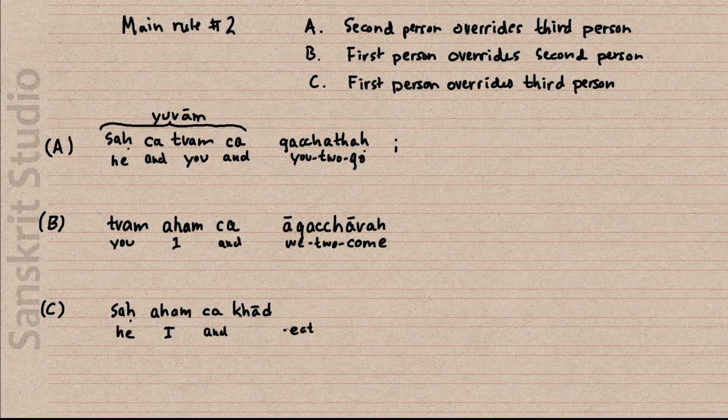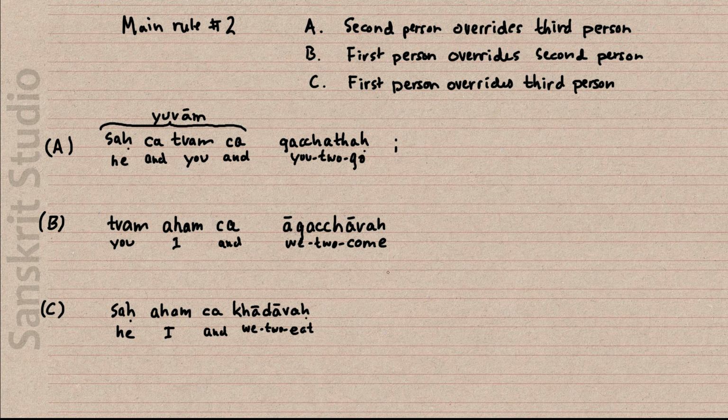Okay, but saha and aham. Okay, we're two, right? Okay, so it's we two eat. And is it we two or you two or what? It's I is the first person, so it must be we two. So we is first person. We two eat. Kadavaha.